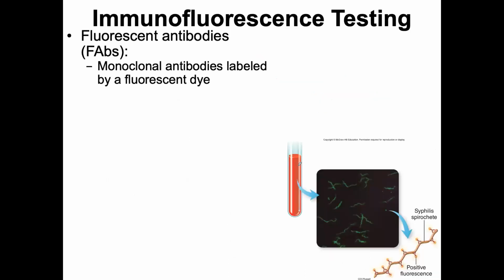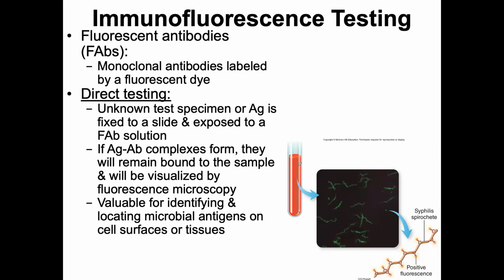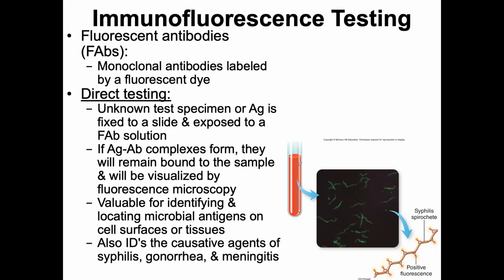In immunofluorescence, we use antibodies that are attached to dyes that glow when they're hit with a laser, all right? So we throw the antibody and dye complex onto a slide, or we could throw it onto a Western blot in some cases.